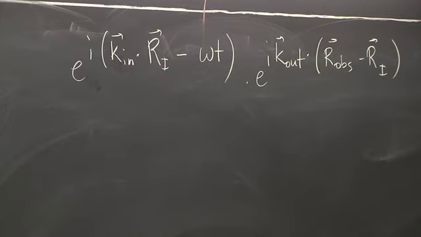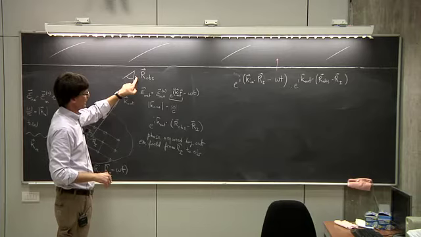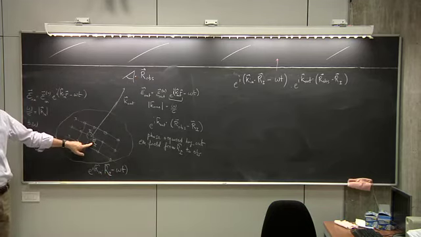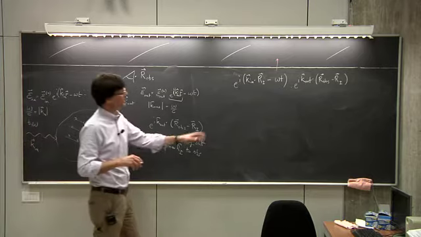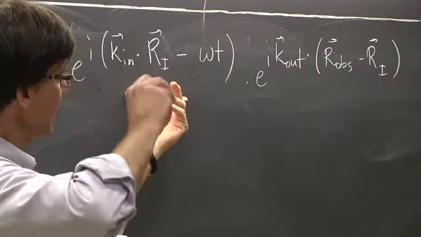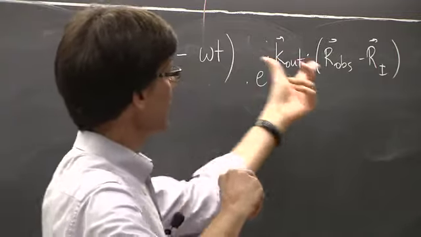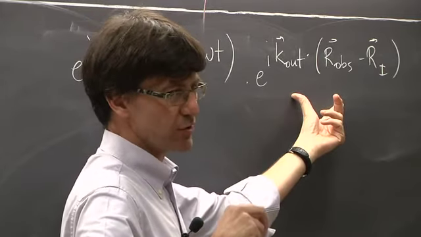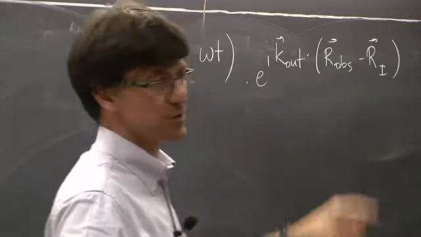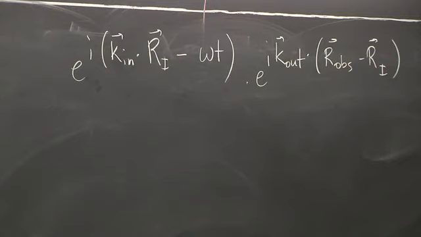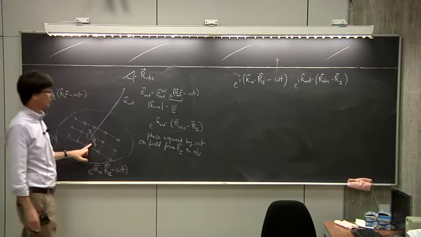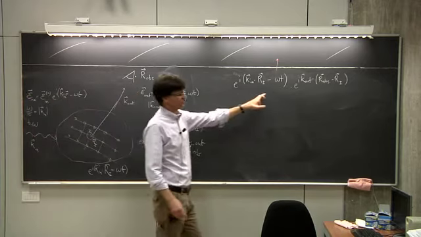So if I want to know what is the phase of the electromagnetic field here, due to atom i, mind you, due to atom i, this is going to be given by the phase of the incoming field at the position of atom i. This electromagnetic field will oscillate, will generate an outgoing field, and then what I need to do is to just calculate the phase of the outgoing field from atom i to the observer. So the overall phase of the electromagnetic field here, due to the emission of atom i, will be given by this expression.